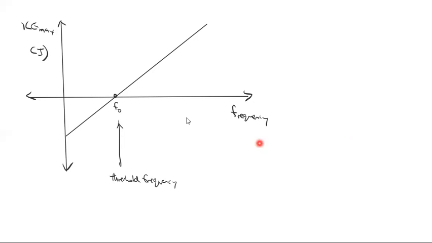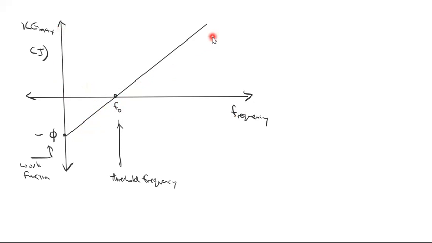Technically the line only starts from here, and this is a dotted line, but we draw it further until it hits the negative axis. So this will be negative phi, the work function. As frequency goes up, Ke max goes up, so it's an upward sloping line.